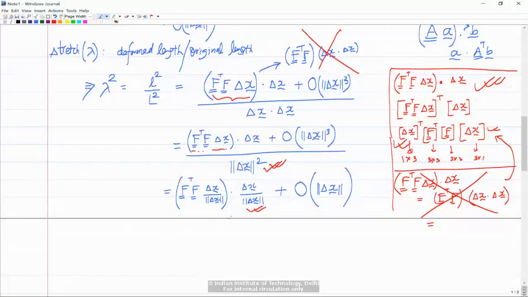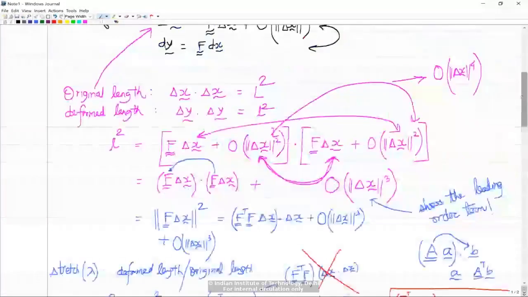But what is now this thing, delta x by mod of delta x? What do you think? What is this thing now? So this is certainly the direction of the line element, isn't it? So that's the direction of the line element.